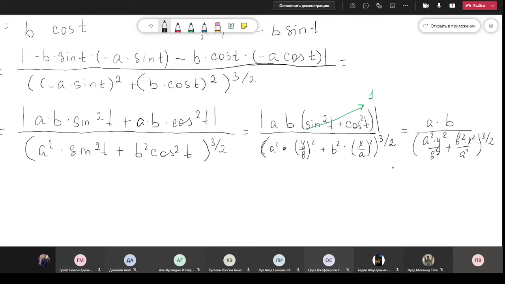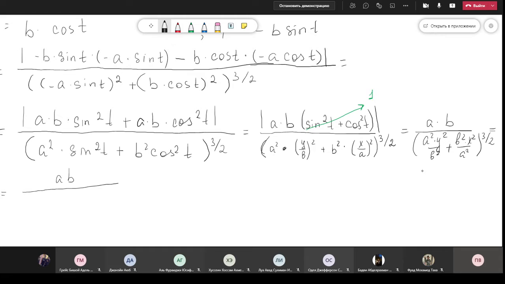Then, good. We have a times b in our numerator, and in our denominator we don't have any good way.